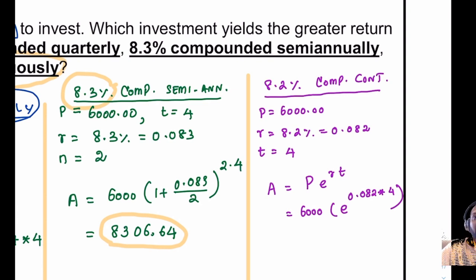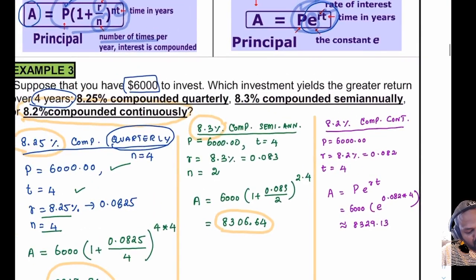And when you do that, you will have approximately 8329.13. So if you see here, this is still higher than both the other cases, right? You have a lower rate, but because of the continuous compounding, you still have the higher value.